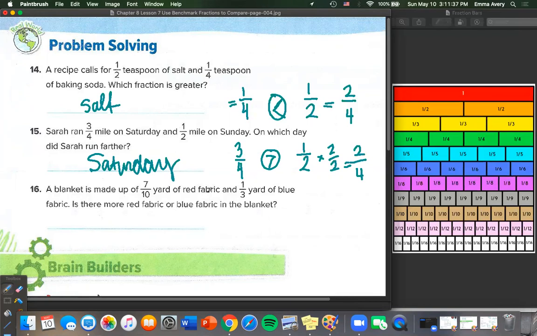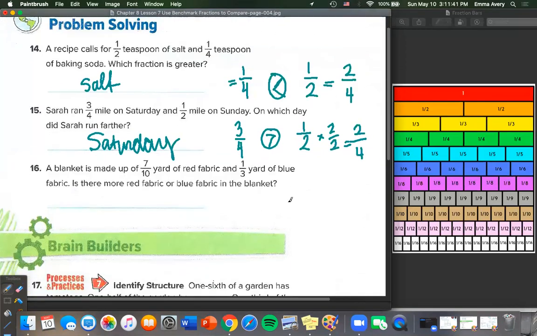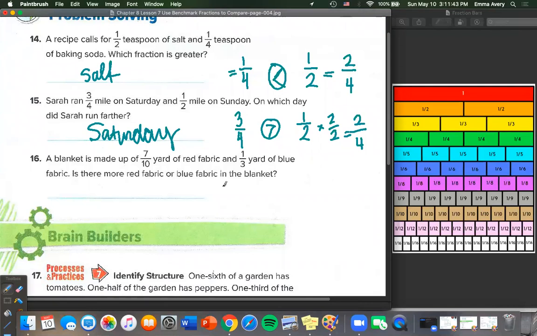A blanket is made up of 7/10 a yard of red fabric and 1/3 a yard of blue fabric. Is there more red fabric or blue fabric in the blanket? So we have 7/10, and we're comparing it to 1/3. Well, we could find our least common multiple, which here is going to be 30. So we can say 21/30 because we're multiplying it by 3. Or multiply each side over here by 10.